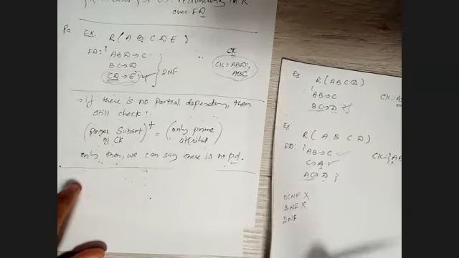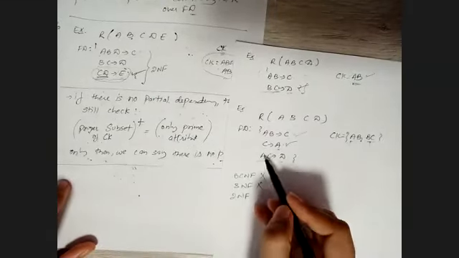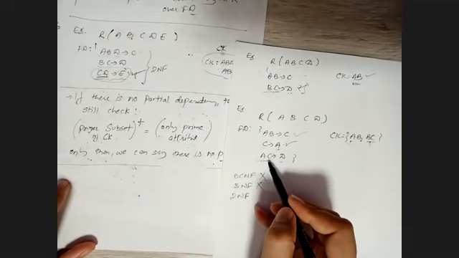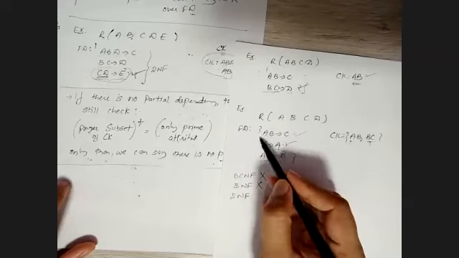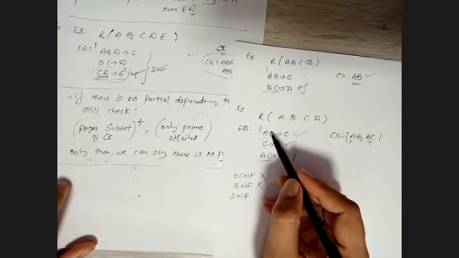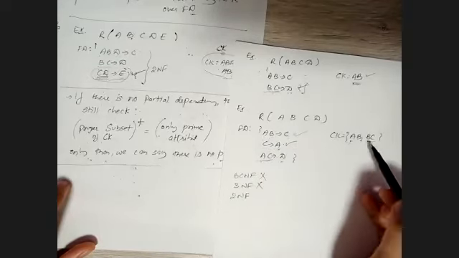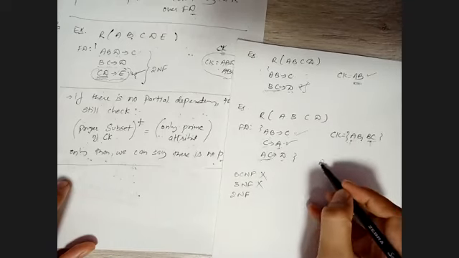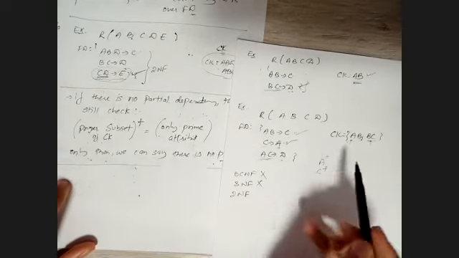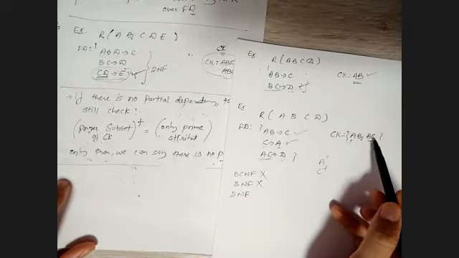So in this one, why are we checking only this one? Because AB is completely one candidate key, so partial dependency does not apply. Here, check the A closure and C closure, because these are the proper subsets of the candidate keys.